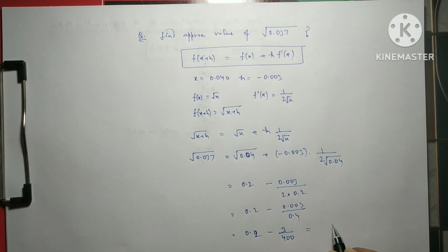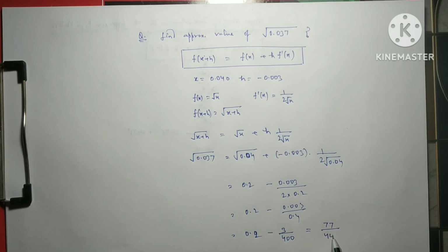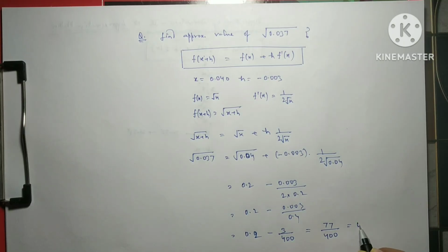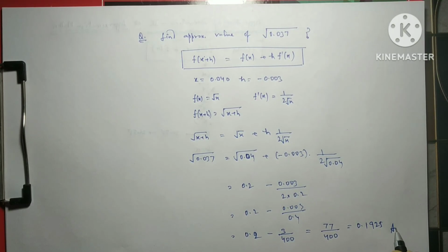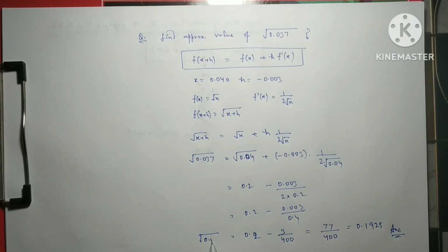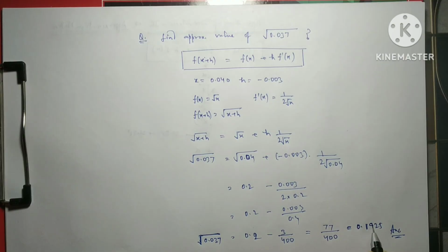We get the value 77 over 400, so it is 0.1925. This is the answer: the under root of 0.037 is 0.1925.